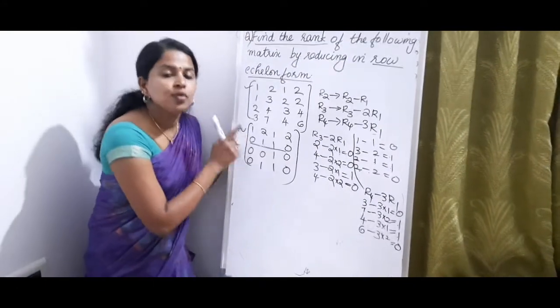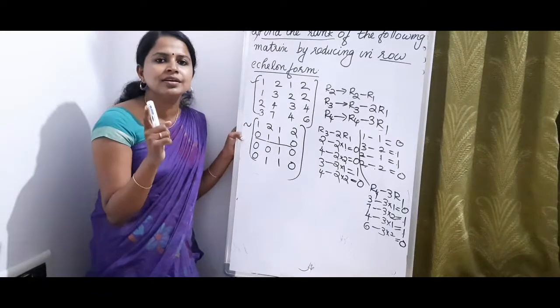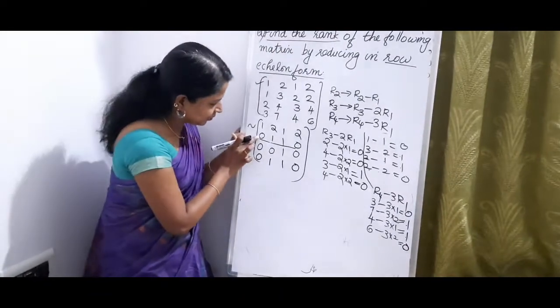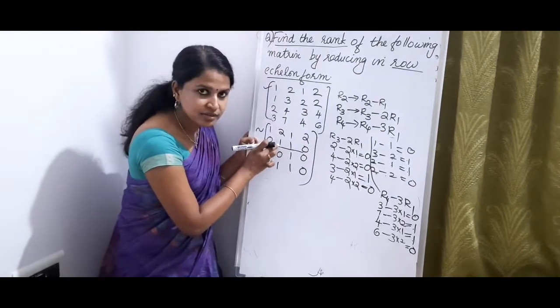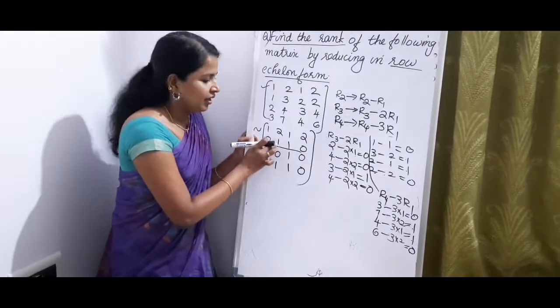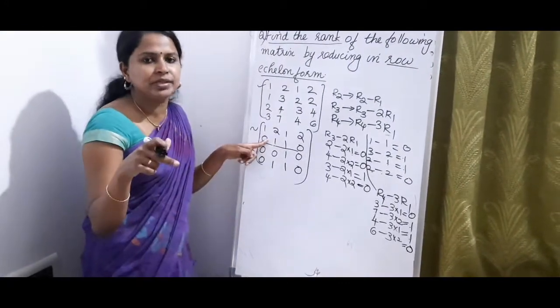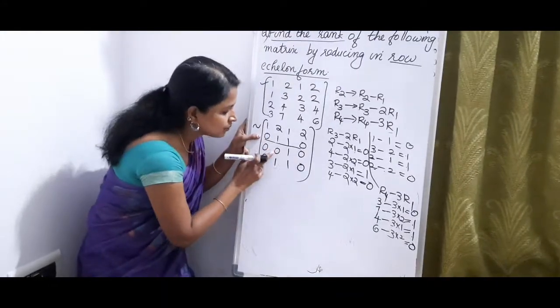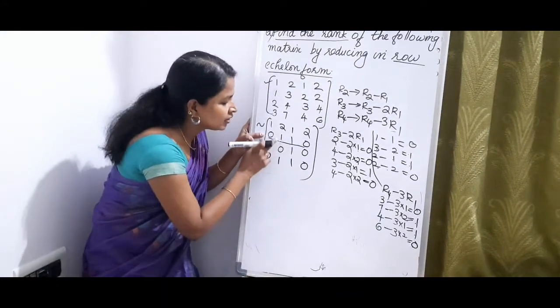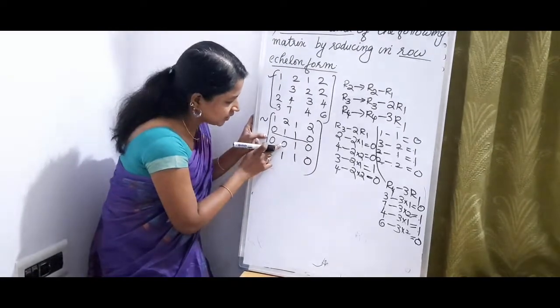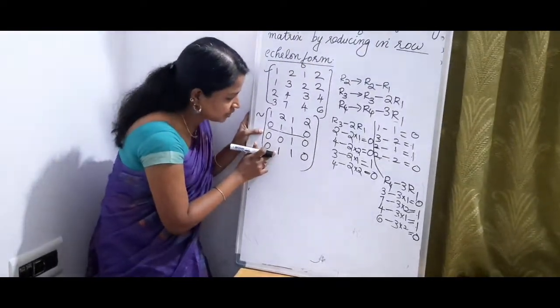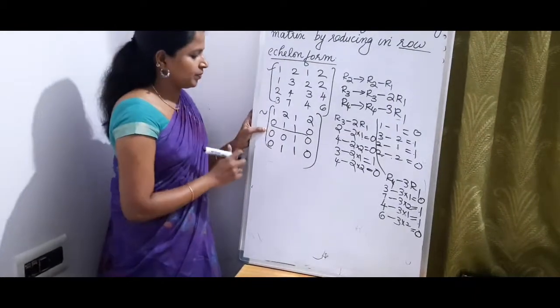In the second row, the first non-zero element is already 1. Then the next step is that the elements below this 1 have to be zeros.